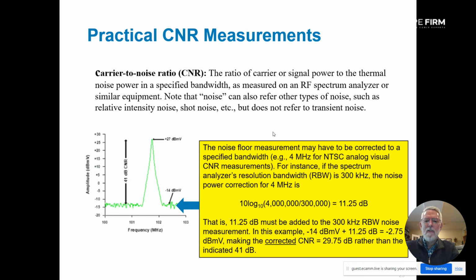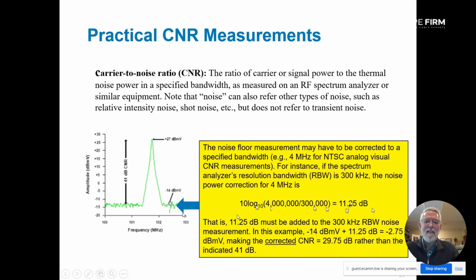So if we measured the noise at 300 kilohertz bandwidth and we need to correct to 4 megahertz, here's a formula for making that correction. It's 10 times the logarithm of 4 million, that's the 4 megahertz bandwidth, divided by 300,000, which is the resolution bandwidth setting of the spectrum analyzer. And we do the math and we get 11 and a quarter dB. So you have to add an 11 and a quarter dB correction factor to our 300 kilohertz RBW noise measurement, in this case minus 14 dBmV.